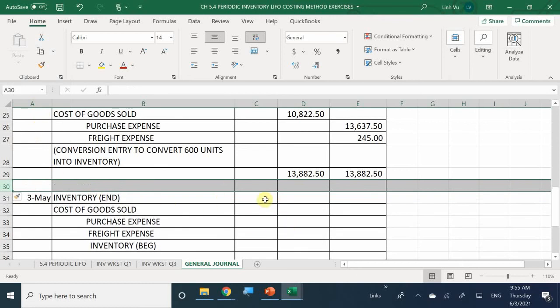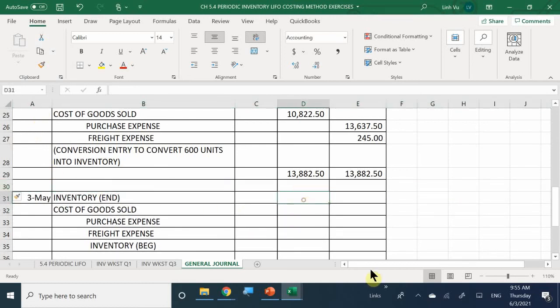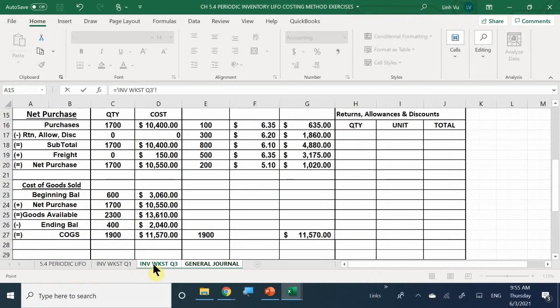All right, so let's start off with our ending inventory. What was the value of my ending inventory? $2,040.